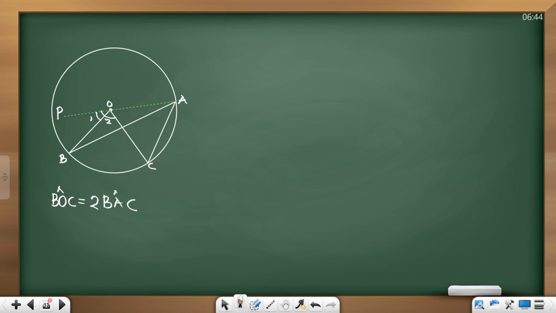And I'll do the exact same thing on the side, 1 and 2. Everything is connected to that line that we drew. So let's quickly write our construction. Join OA and extend to P. You can use any letter; P just came to my mind.